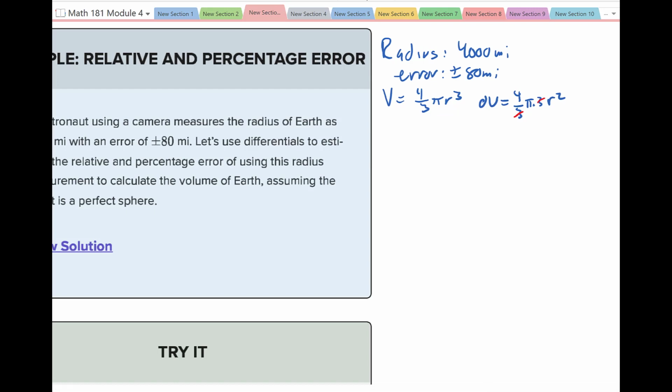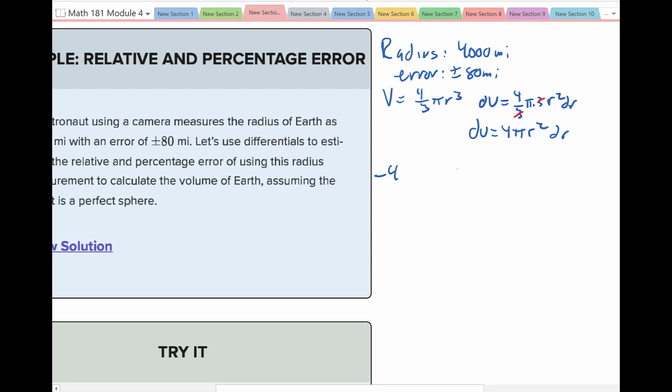We're left with our dV being 4 pi r squared dr. Oh, and I forgot my dr. So our dV will have a range of values.